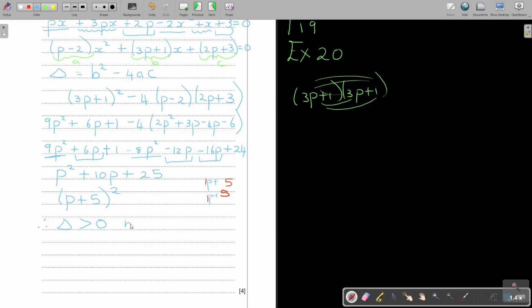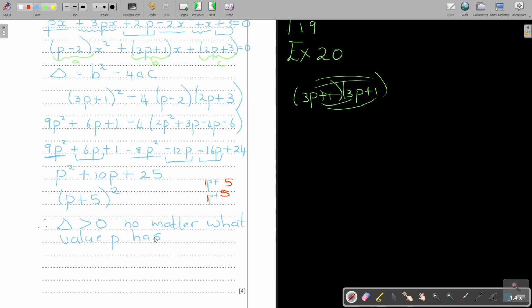So no matter what value p has, the roots are always positive.